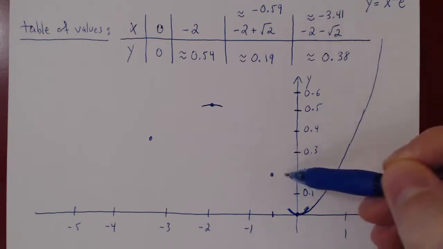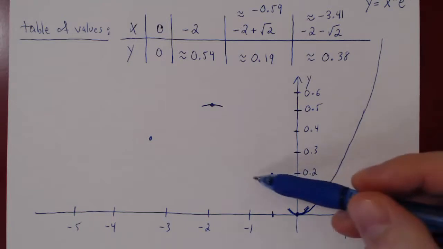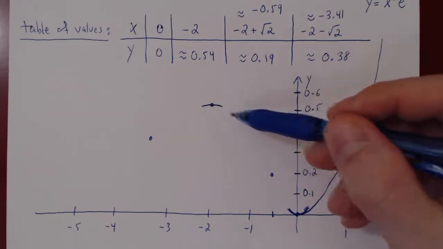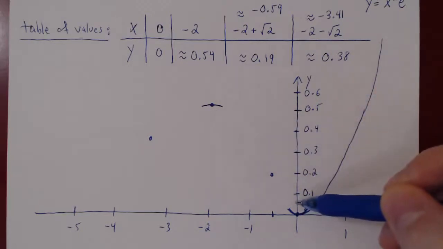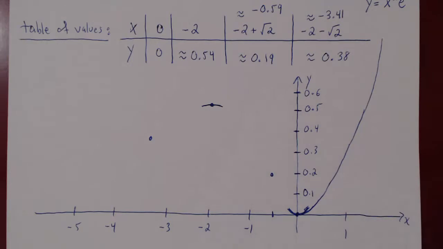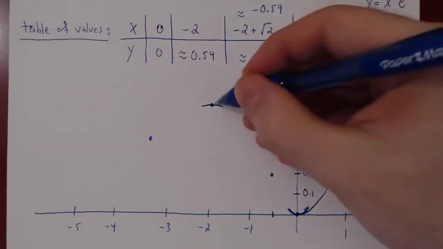To the right of this value, the curve is concave up. To the left of this value, we know the curve is concave down. So there is obviously a change in concavity, and a function can only experience a change in concavity if you go through a possible inflection point. So this is a real inflection point.